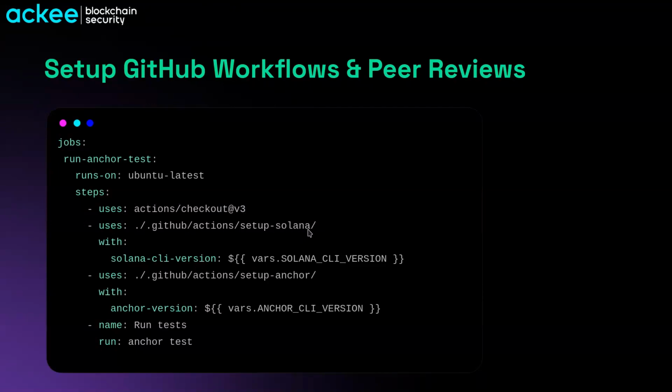Then you set up Solana with a specific version. Here I have a script for that. This is just an environment variable where you can set the version of Solana that you would like to use. Then you have to set up Anchor, again with a specific version. And once you have that, you can just execute the Anchor test command. Rust is already installed in the Ubuntu distribution, so that's all you have to do.